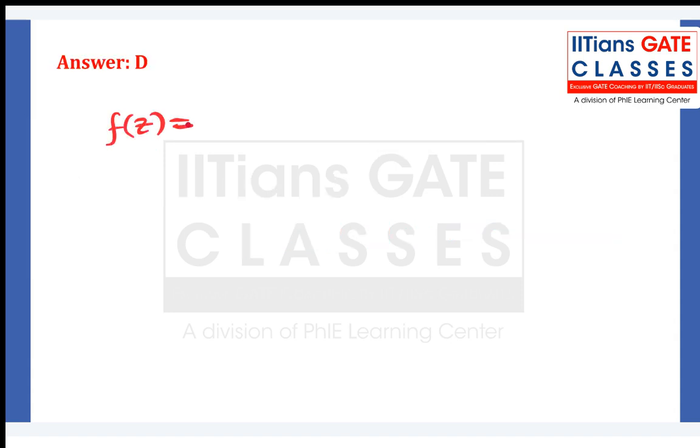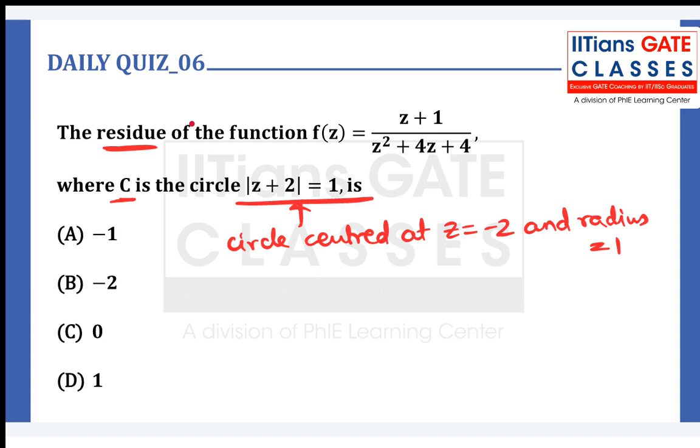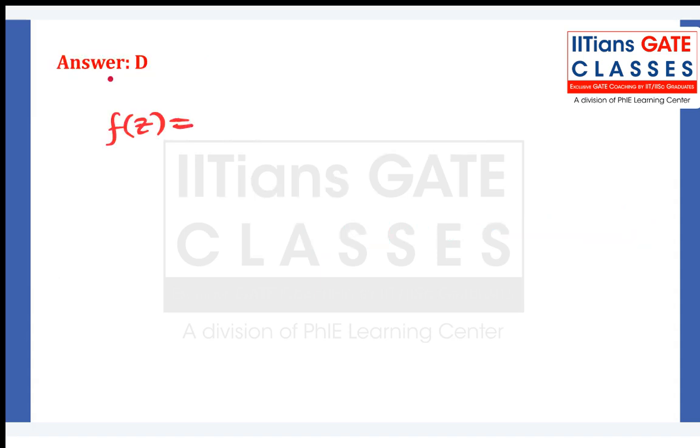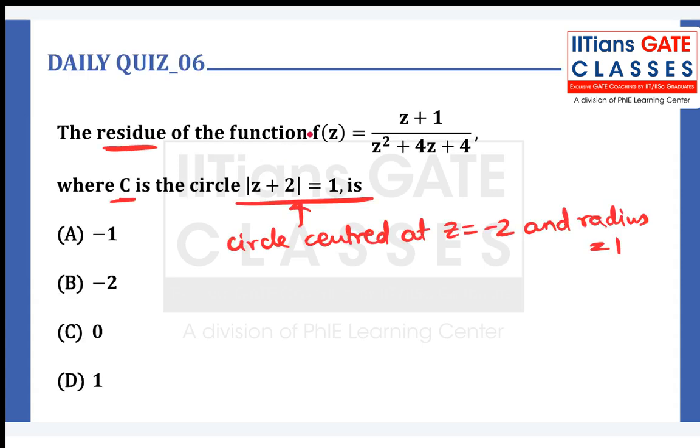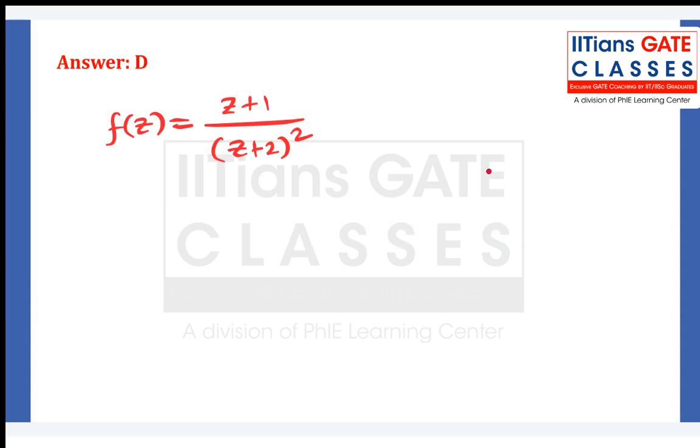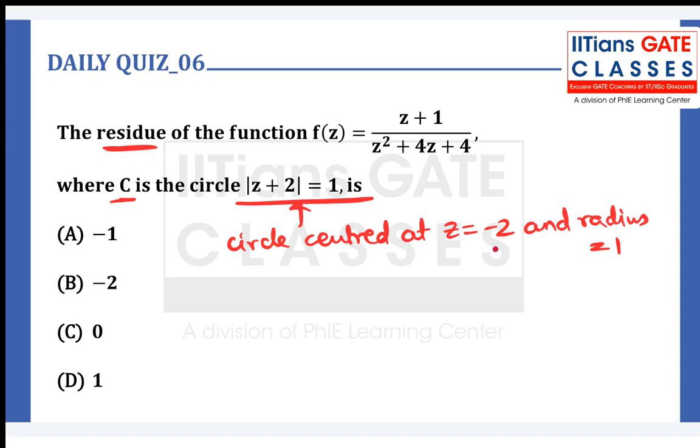If you look at your f of z, z plus 1 is in the numerator, and if you look at the denominator, you can write it as (z plus 2) whole square. So it is an (a plus b) whole square kind of denominator. Then the contour that you are looking into: if this is your origin on your complex plane, it is centered at z equal to -2 with radius 1.